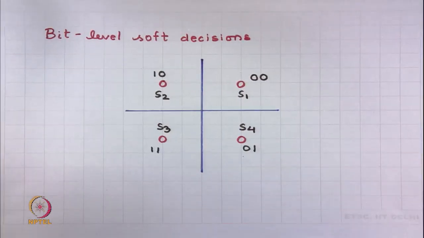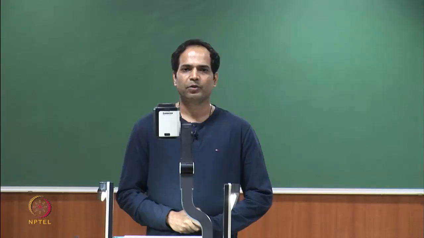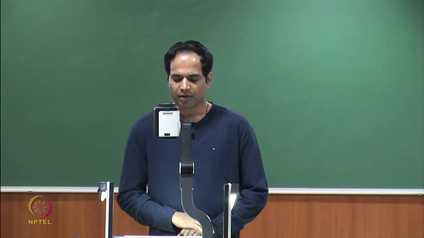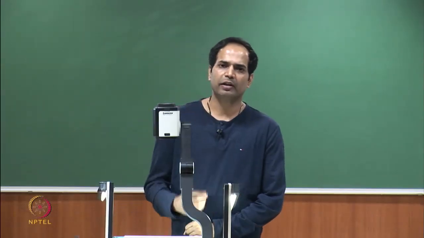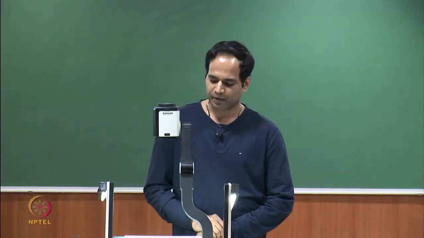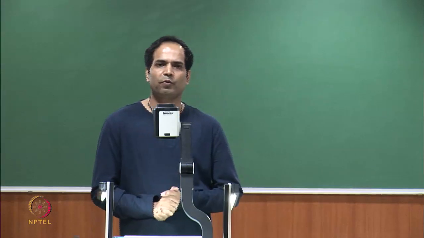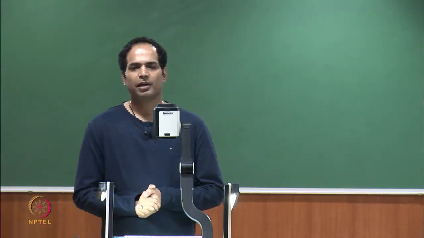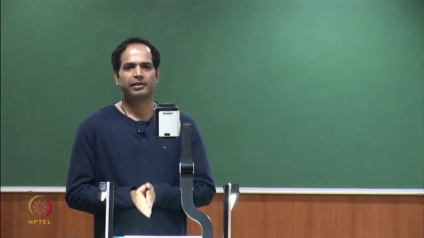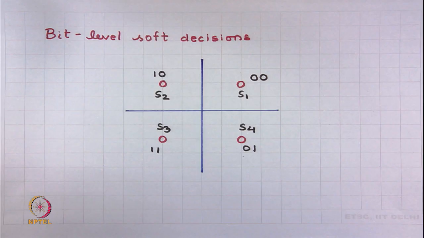All right. So, the last topic for today is bit level soft decisions. We have talked about soft decisions in one of the previous lectures as well. In hard decisions, the detector decides whether it is 1 or 0.